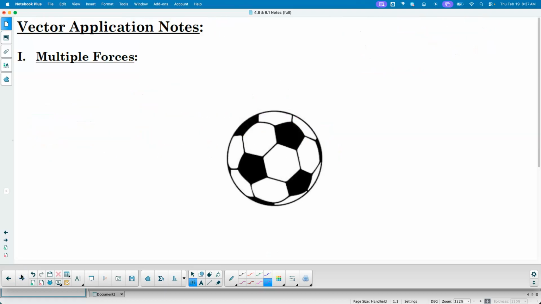So let's talk multiple forces. That's only half of a ball.